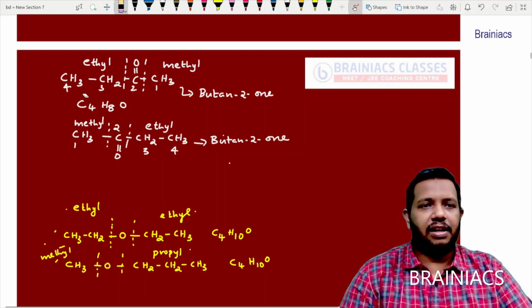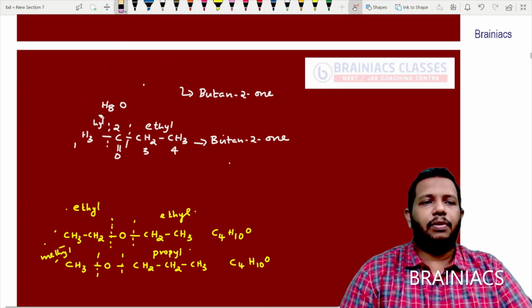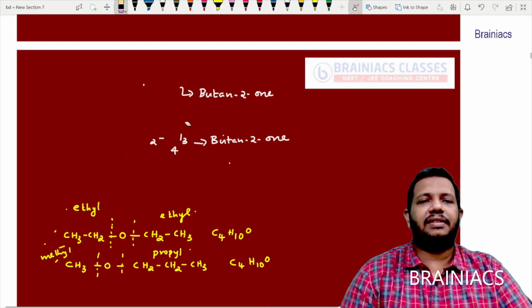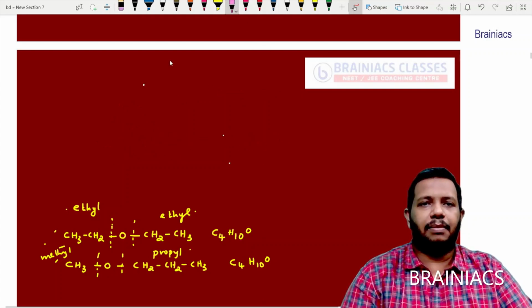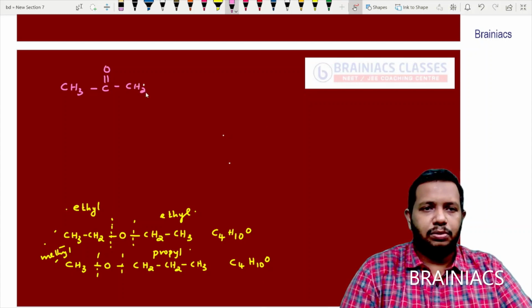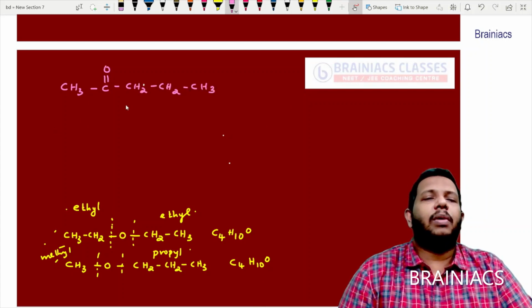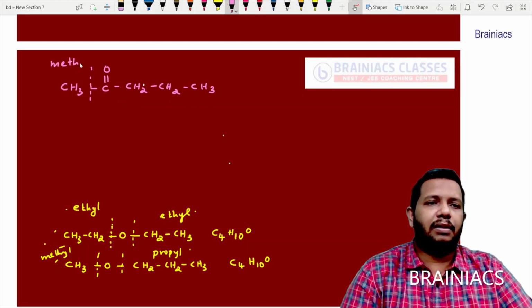So if 5 carbon atoms come, what will happen? Let's see one example. If you have 5 carbon atoms, then the ketone will show metamerism. One simple example: CH3, C double bond O, CH2, CH2, CH3. So this is a 5 carbon ketone. Now if I split this, this is methyl, and this is, sorry, not methyl.